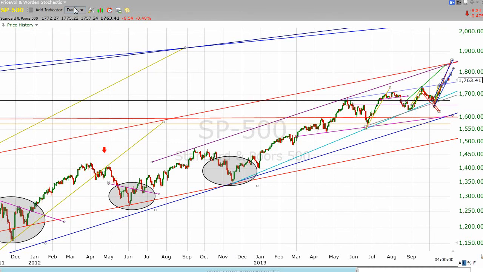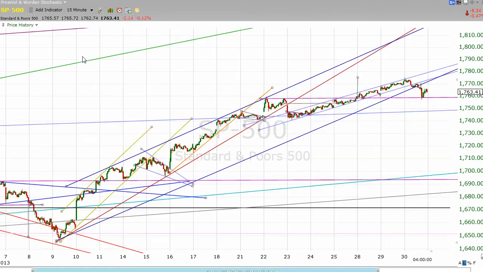So I'm not quite ready to throw in the towel and say that the breaking of this little blue line, which really was just pure speculation to begin with, probably speculation with a decent enough reason to put it up here. And again, by the way it broke, back tested, and then started to sell off again, it looks like this was not a bad decision to put this here.